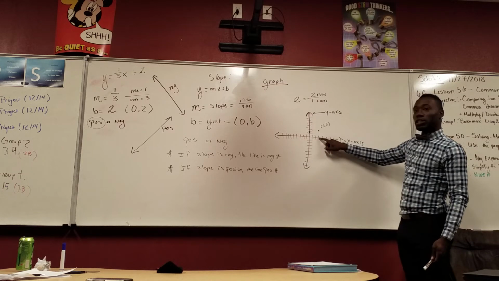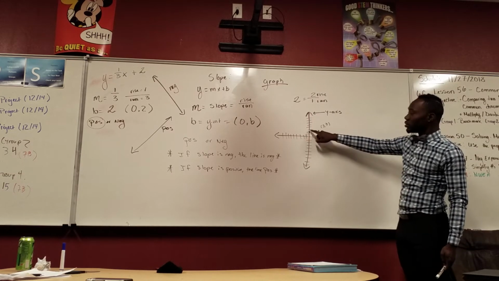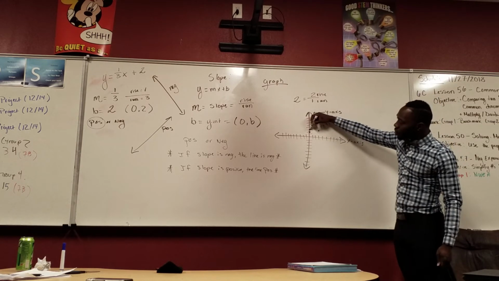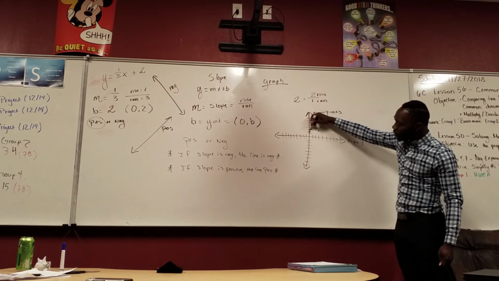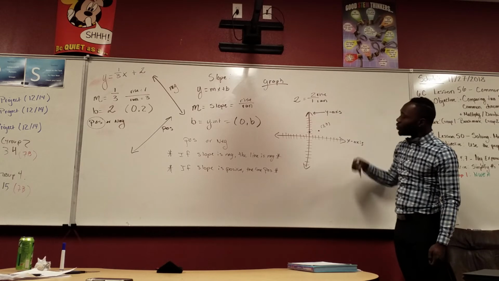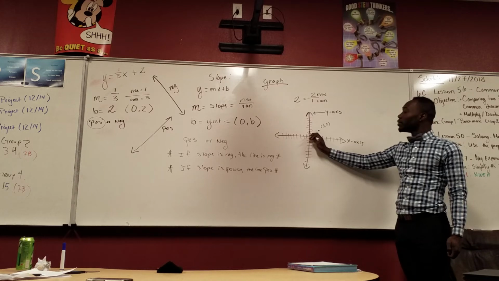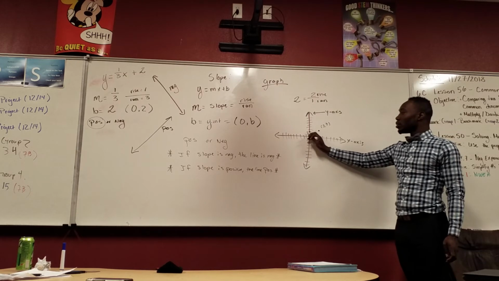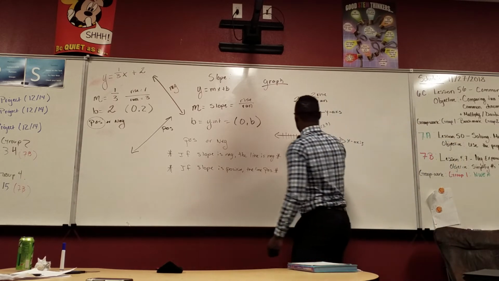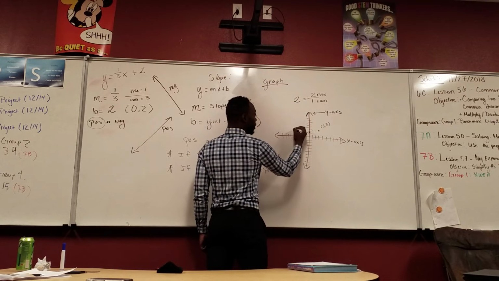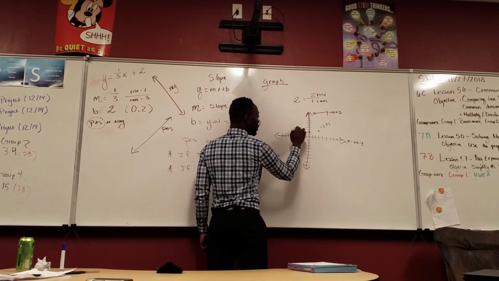We got to go over to the 3, and then we're going to go up 1. So I went up how many? 1, and then I went over how many? 3. 1, 2, 3. Now, go back to your first point. I can go down how many? 1. Go down 1. Am I going to the right or the left? The left. How many? 3. And this point is at negative what? 3.